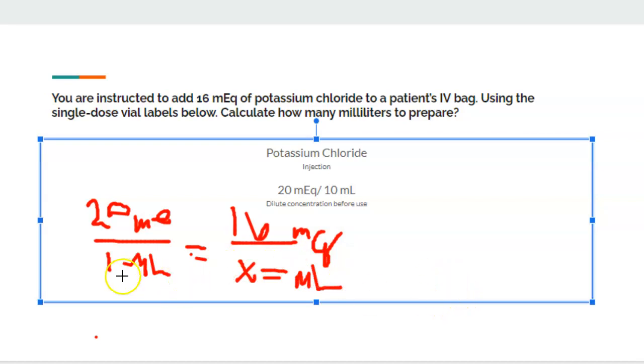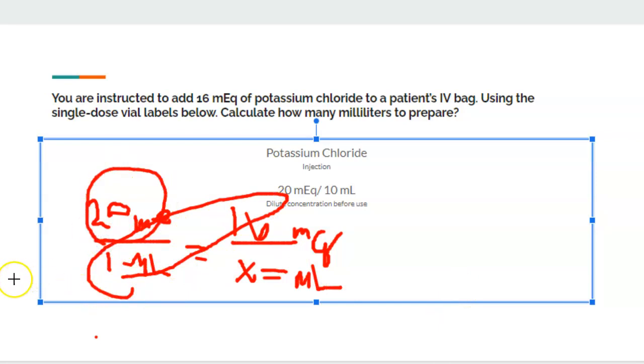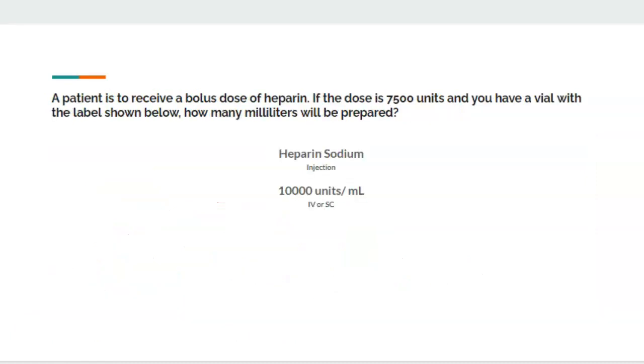And that's it. You're still going to do your cross multiplying and dividing. So you're going to take 16 times 1, which is 16, divided by 20, and your answer is going to be 0.8 milliliters. So really, nothing changes. It's the same. Okay, let's take a look at the next one.